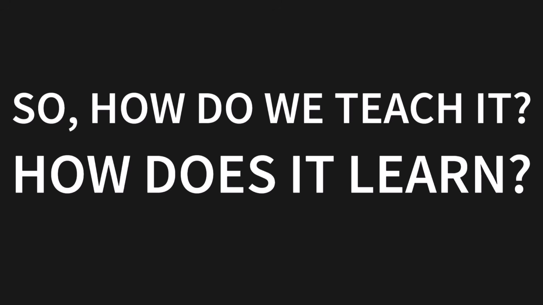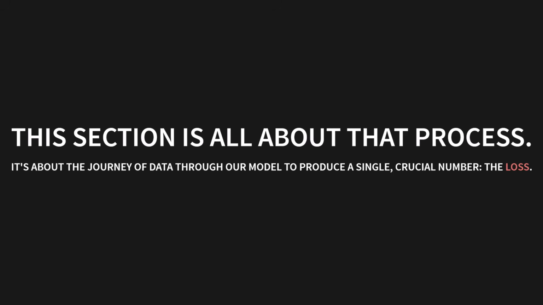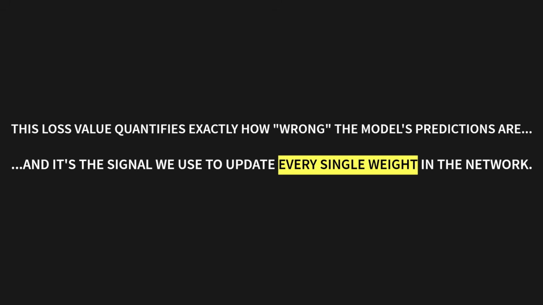How does it learn? This section is all about that process. It's about the journey of data through our model to produce a single, crucial number: the loss. This loss value quantifies exactly how wrong the model's predictions are, and it's the signal we use to update every single weight in the entire network.